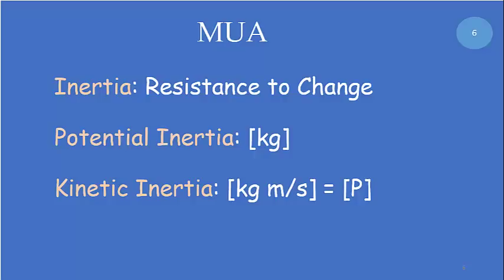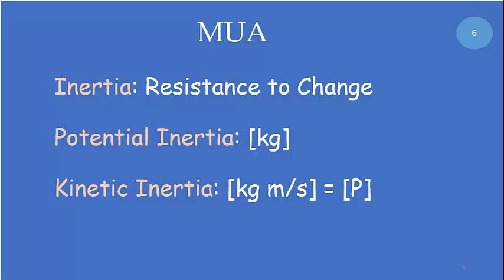An object in motion resists change to its state of motion. This is otherwise known as momentum. In MUA, stillness inertia, or potential inertia, and kinetic inertia, or momentum, are two forms of resistance to change, or inertia.